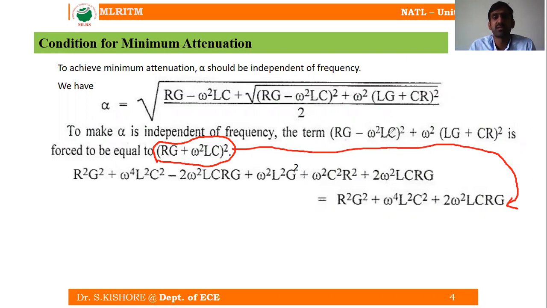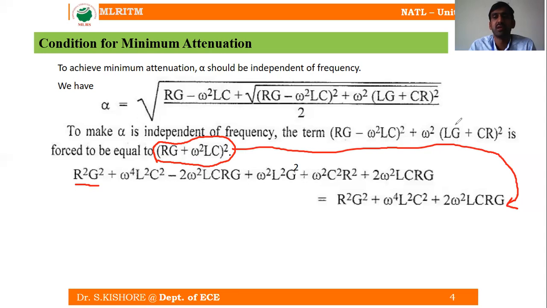Rg minus omega square Lc whole square. Using the A minus B whole square formula, I am expanding this: R square G square plus omega power 4 L square C square minus 2 into Rg into omega square Lc, and here we are having L square G square. If we expand Lg plus Cr whole square, we are going to have A plus B whole square.